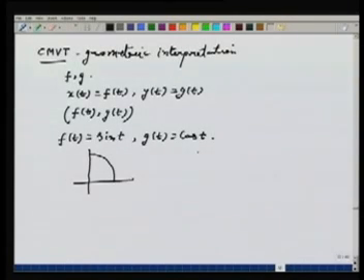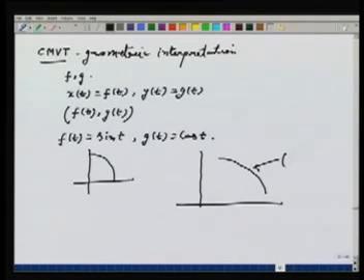Now, given this situation, what does Cauchy's mean value theorem say? So let us say this is the curve where the points are given as (f(t), g(t)). Both are differentiable functions.